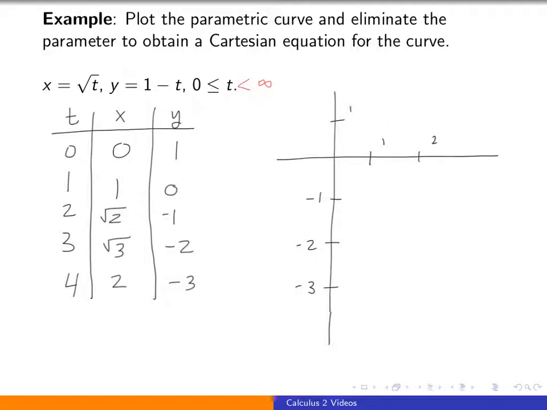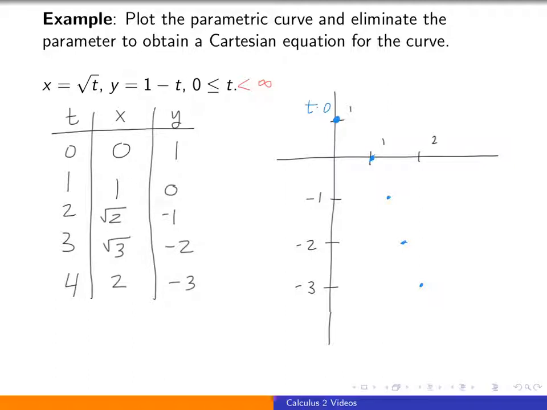So let's get a few points plotted. So we have 0, 1, and this would be when t is equal to 0. We have 1, 0, square root 2 minus 1, square root 3 minus 2, and 2 minus 3.